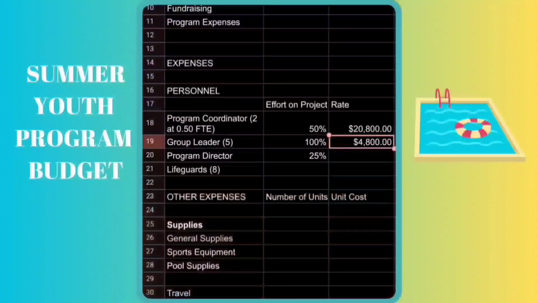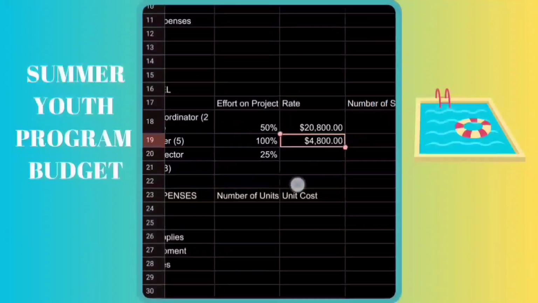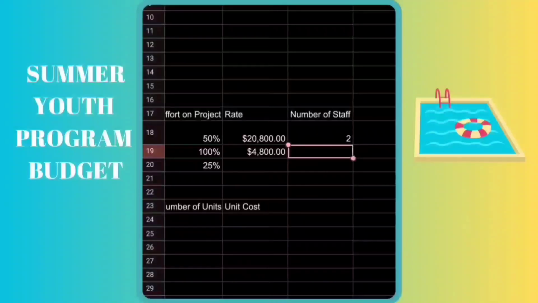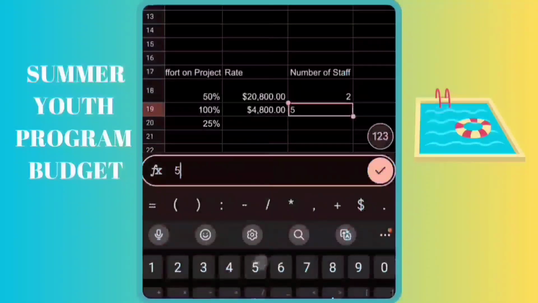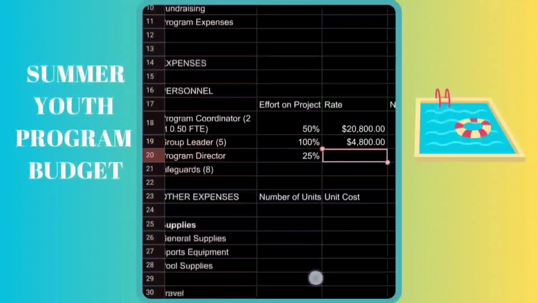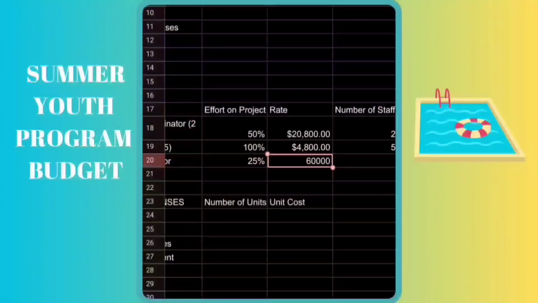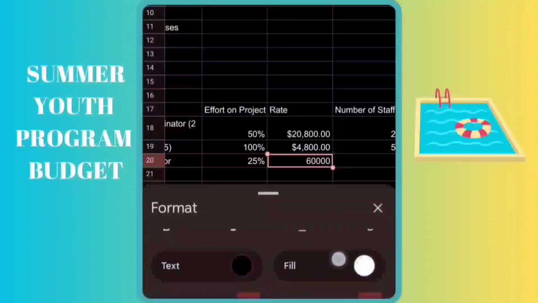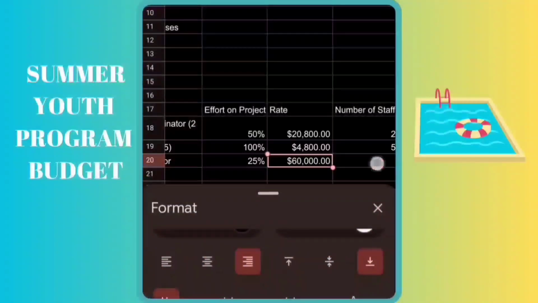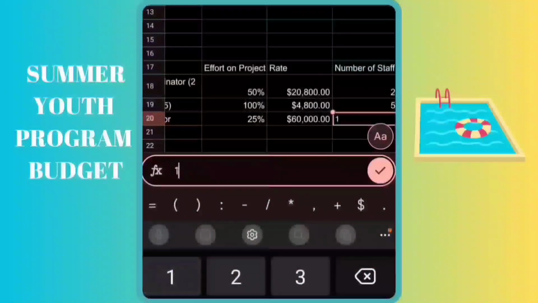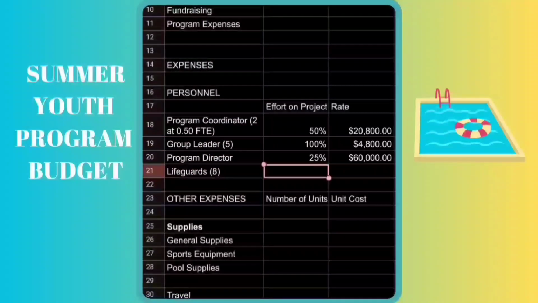We are going to be playing with these numbers as we go along, but these are just examples. Now, we said in our example that there will be 5 group leaders. Maybe each group leader has 20 kids in the group, and there might also be other interns and volunteers. Again, this is a smaller budget, and you might have a lot more categories, so this is just an example.